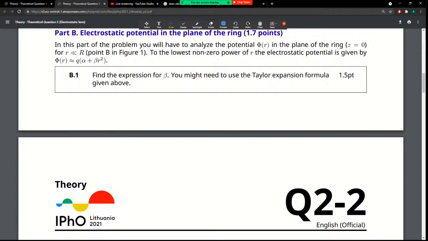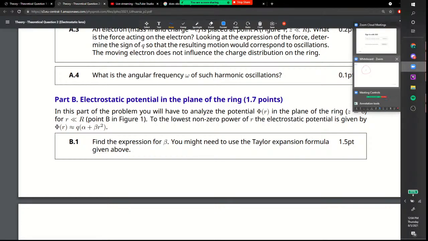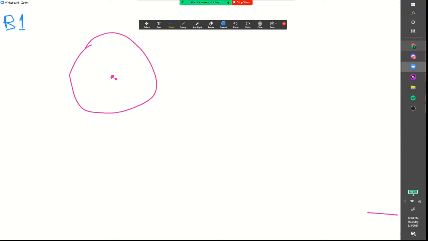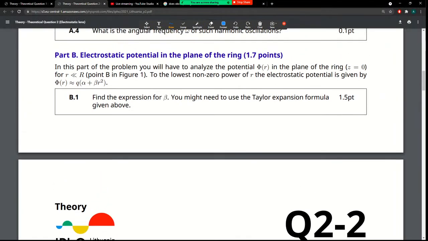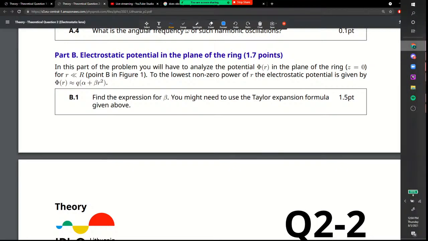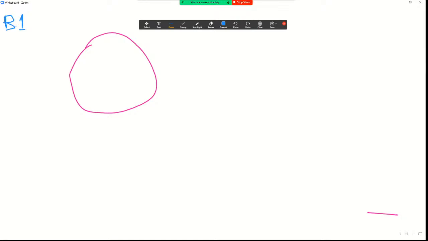Okay. So for this part, we have the plane where this is r, or I draw it a little bit bigger.